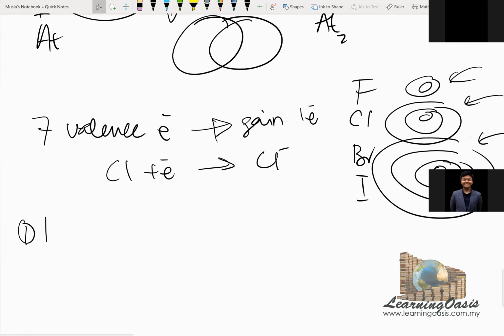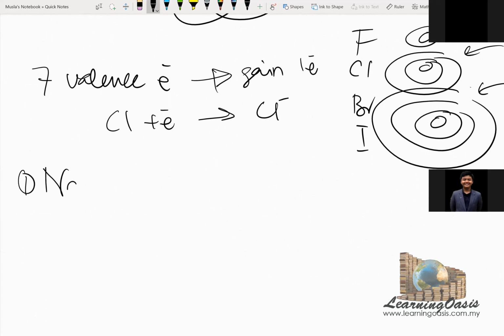Now, it reacts with sodium just now to form, right, okay, and then it reacts with iron. Remember, iron has two oxidation states, +2 and +3.